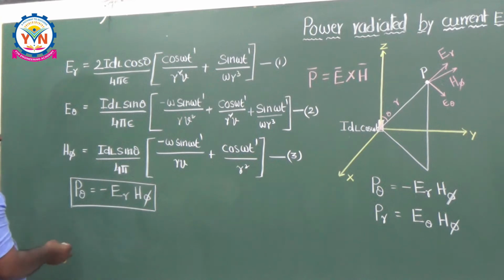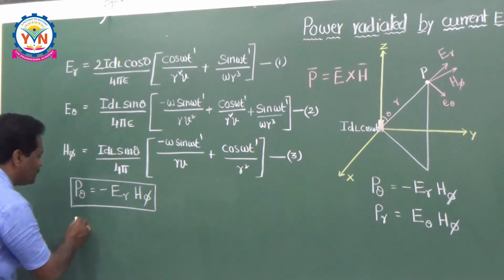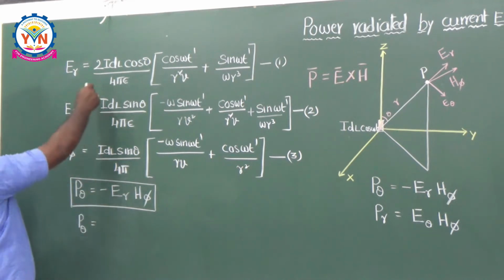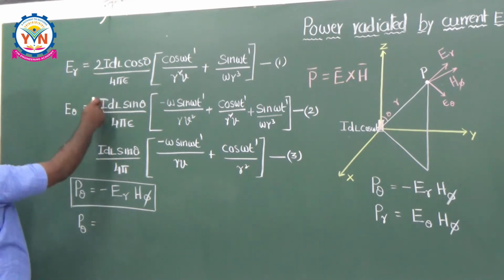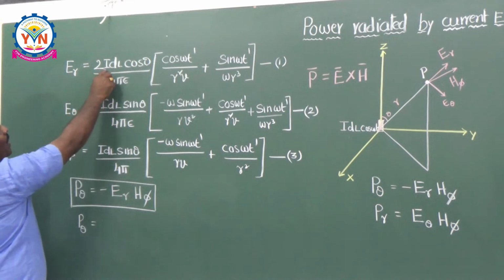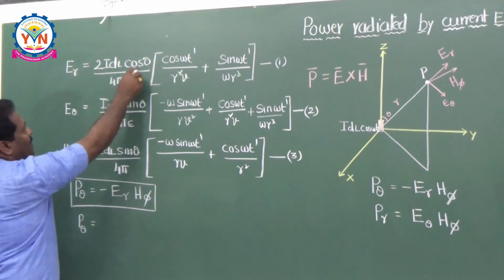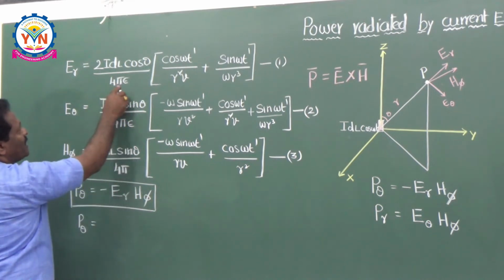So what is the equation then? P theta is equal to the multiplication of these two, E_R into H phi. So 2 into I square dl square sin theta cos theta divided by 16 pi square epsilon.